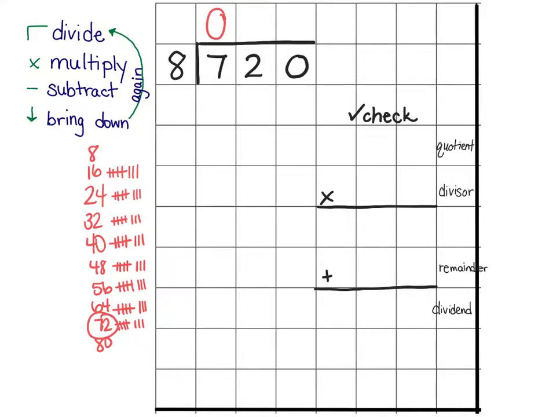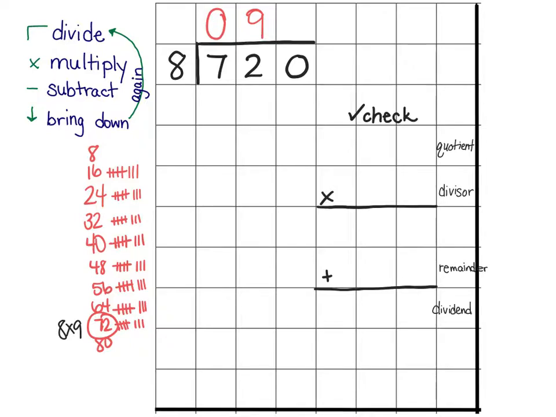So we know that's 8 times 1, 8 times 2, 8 times 3, 8 times 4, 8 times 5, 8 times 6, 8 times 7, 8 times 8, 8 times 9. Okay? So 72, there are 9 groups of 8 in 72.